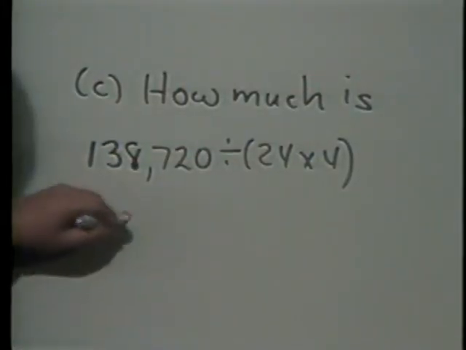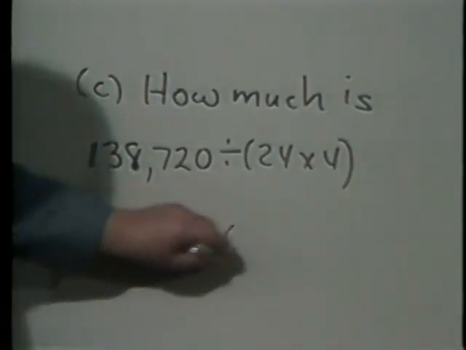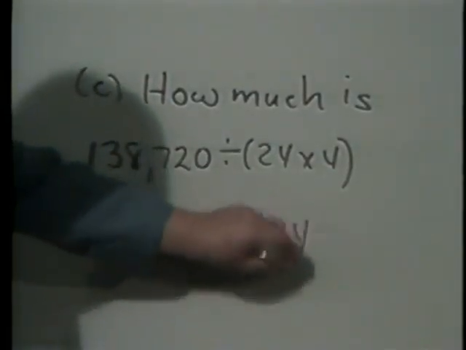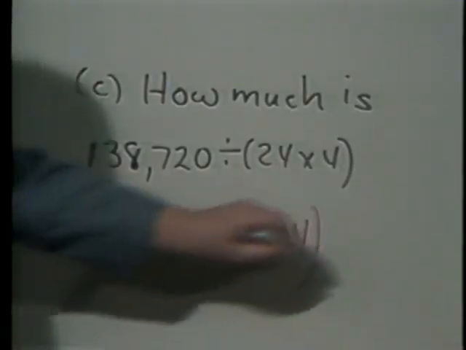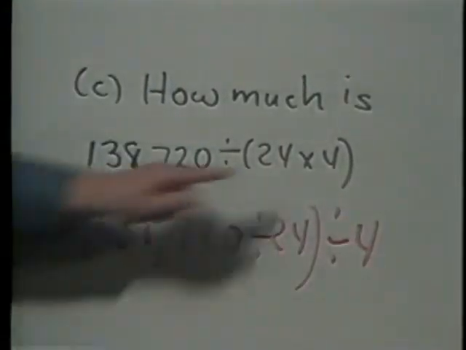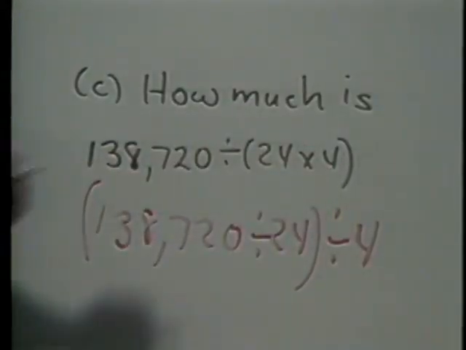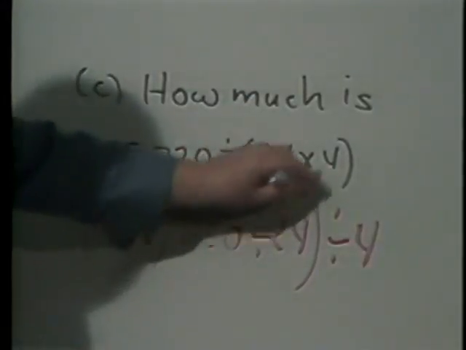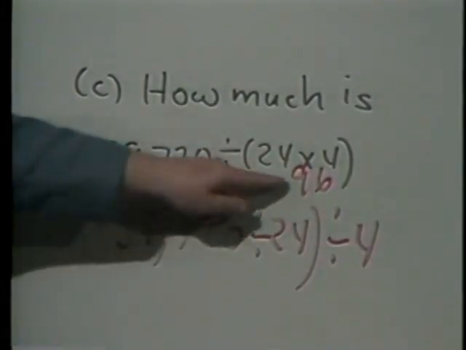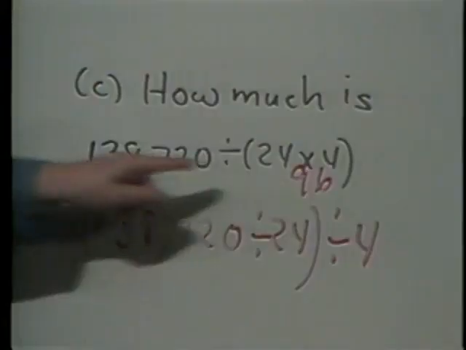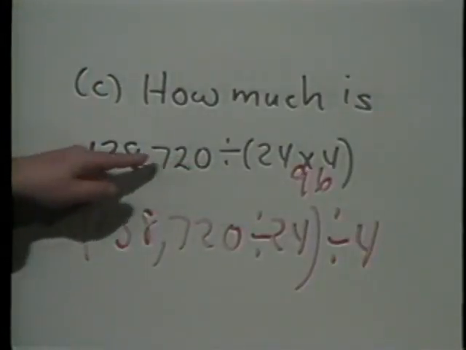Remember how that looked? It was this. And then you were going to divide that answer by 4. This says first multiply the 4 by the 24. Well, that's 96. That was the first problem we did today. This says take 138,720 and divide by 96.